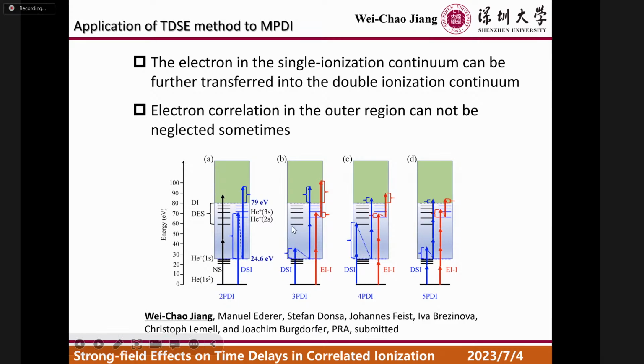The first sequential path we call the direct sequential ionization path. If the bound electron is in the excited 2p state of helium plus, we call it the excited sequential ionization path.